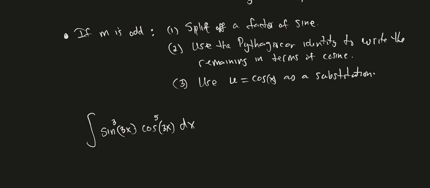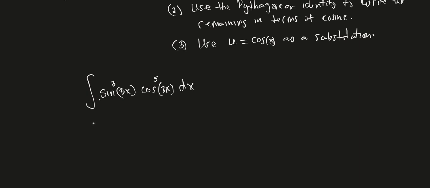So in this case, just to show you what the process looks like, by factoring off a factor of sine, I'm going to take the sine cubed and write it as sine squared times sine. So this will be sine squared 3x, and then I'm going to write down my cosine to the 5th power 3x, and then put the extra sine factor right beside the dx.